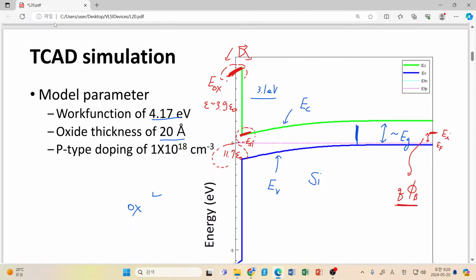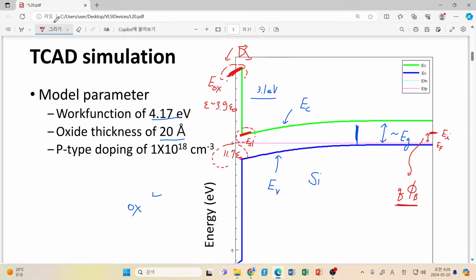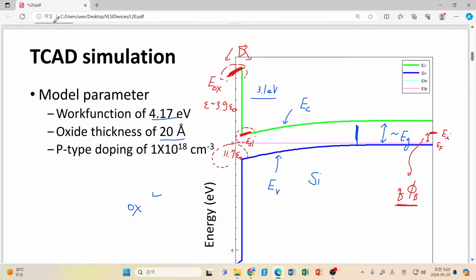So please understand this notation. Here phi b just shows the energetic difference between the intrinsic energy level and the Fermi level in our p-type substrate. Okay, so this phi b is intentionally taken as a positive number.